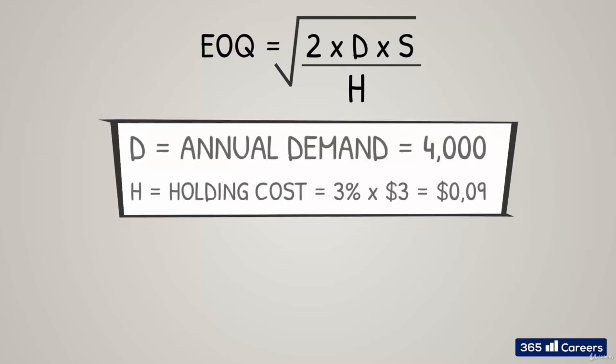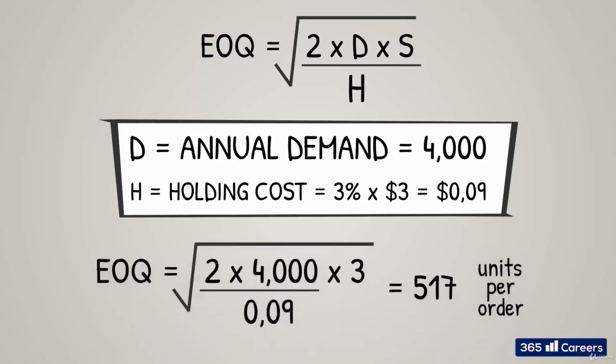A firm uses 4,000 units of raw material annually. The cost per unit of this raw material is $3. The standard holding cost applied in many industries is 3%. So we'll have 3% times the product's price, which gives us 9 cents.